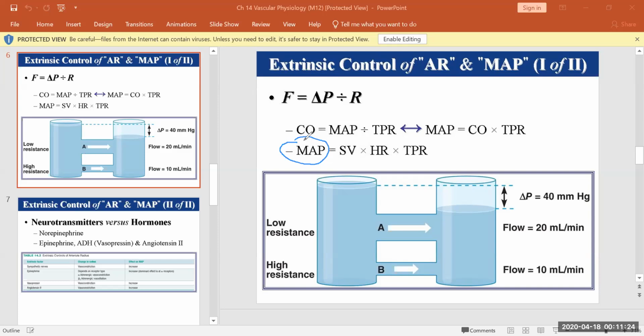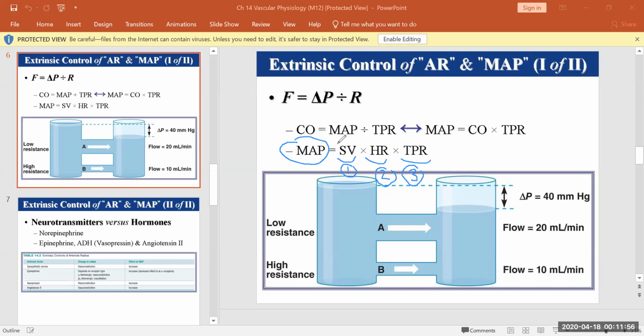The force driving blood forward depends on three factors. Factor one and factor two, you know about it. Now we introduce the third factor, TPR, total peripheral resistance.